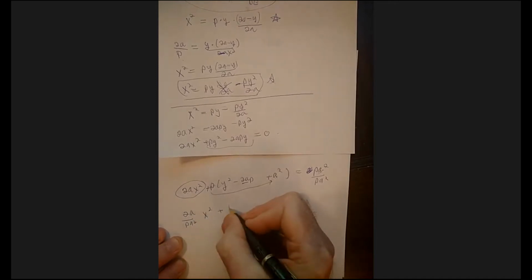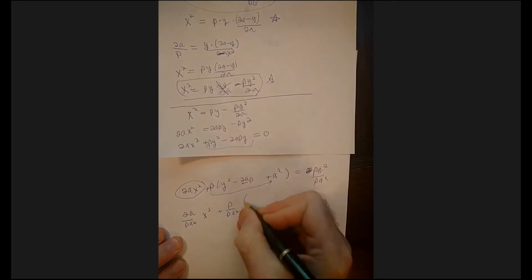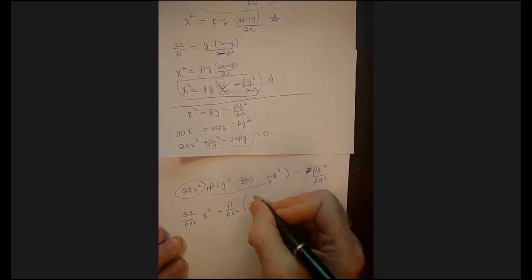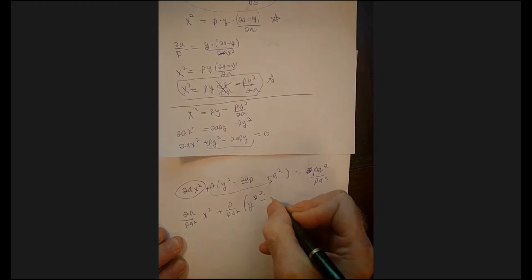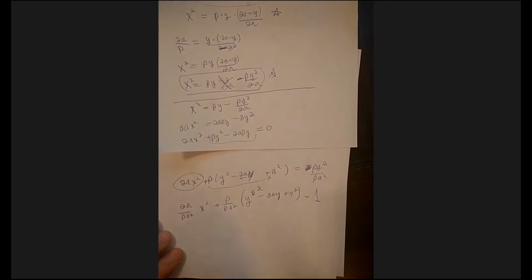Okay, so then I divide everything by pa squared. And I get y squared minus 2ay, sorry, plus a squared equaling 1.